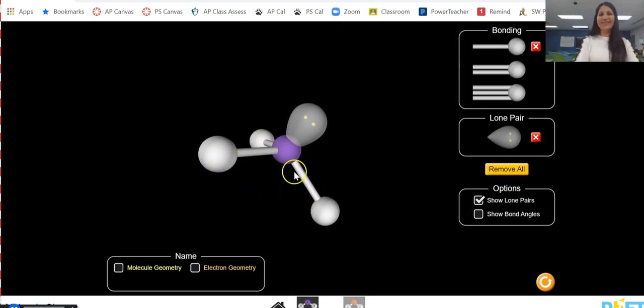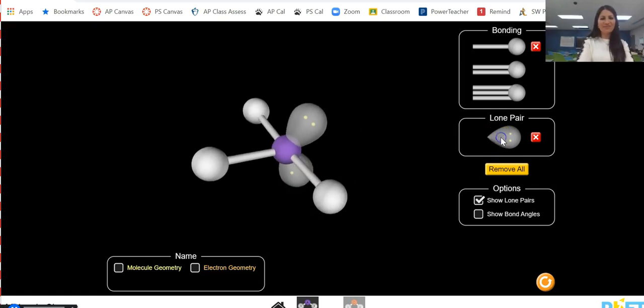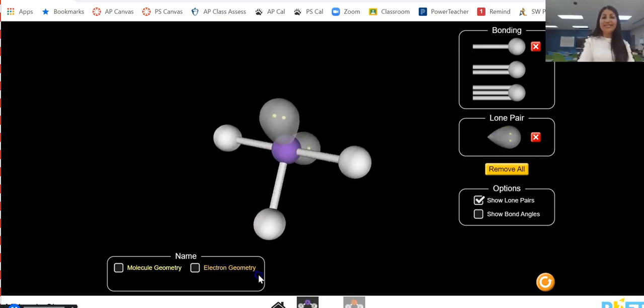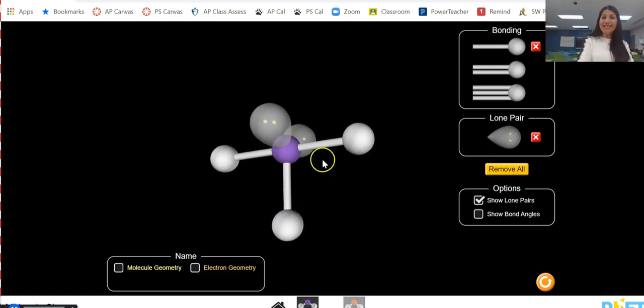All right, let's do the next one. I'm going to add another lone pair of electrons. What happens when I add a second lone pair or a third lone pair of electrons? What happens to the shape, and what would our bond angle be? All right, take a guess. Did you say T-shaped and 90 degree and then 180 but 90 degree bond angles? Hopefully you got that part right. All right, let's move on.